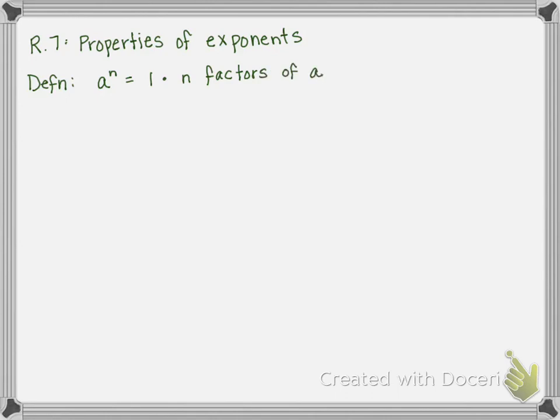So the good news about all these rules is that even if you forget them, you can always come up with them on your own just by doing a simple example, because they all really do just follow from repeated multiplication. So the first two are the product rule.